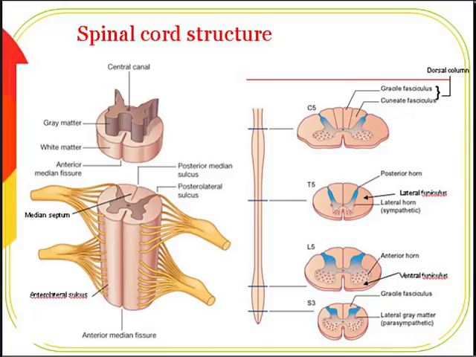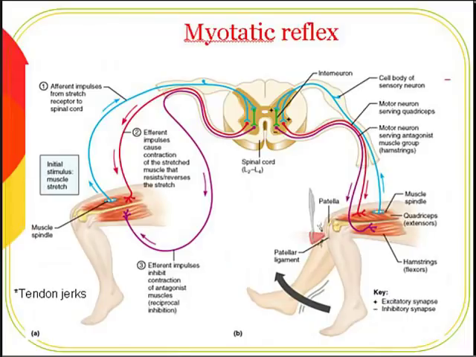Now let's look at this reflex, which is known as the myotatic reflex, and this is a reflex which you test in the clinics, and this is to test neurological connections. What it really is, is a stretch reflex which involves muscles of the same side. So it has an afferent limb.